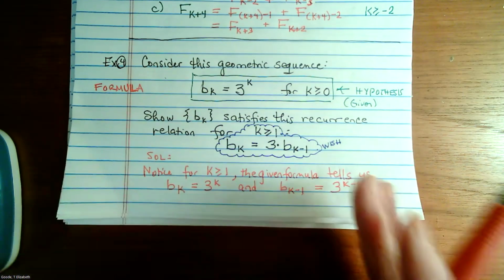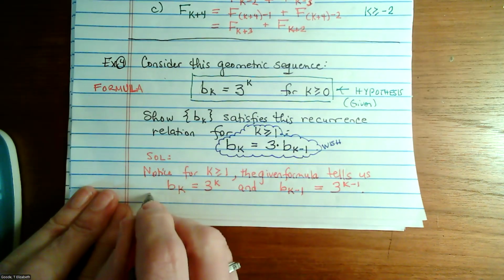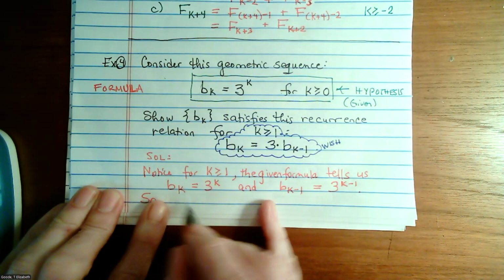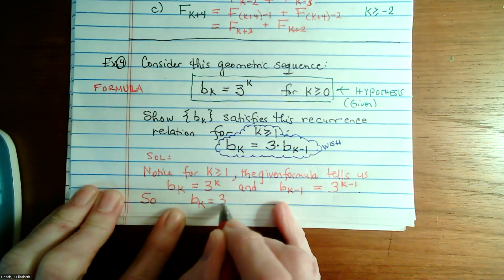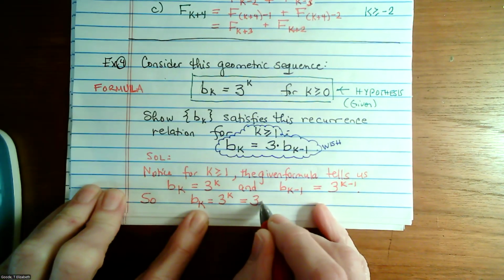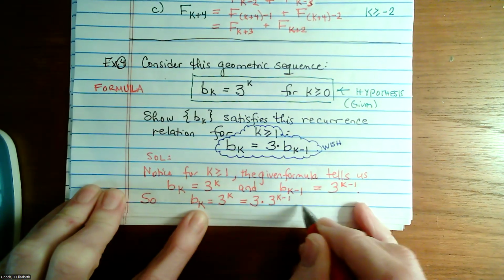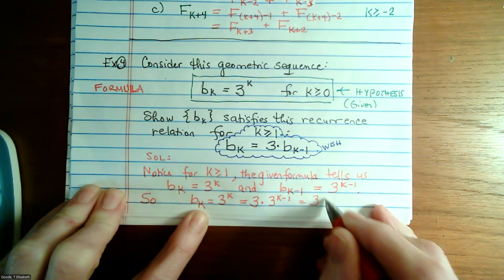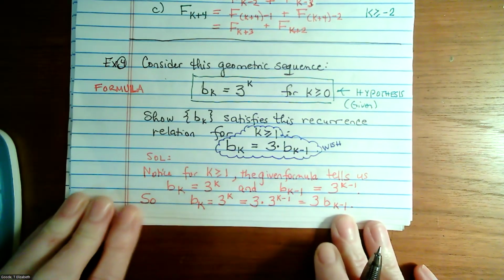So finally, we can just verify that this equation holds by noticing that, hey, b sub k is 3 raised to the k, but that's 3 times 3 raised to the k minus 1, which is 3 times b sub k minus 1 by the definition.